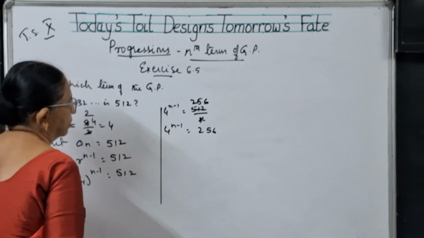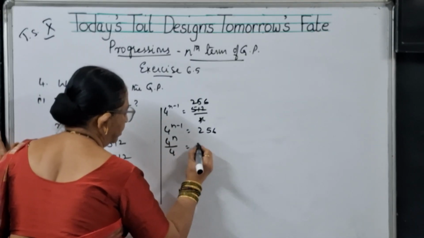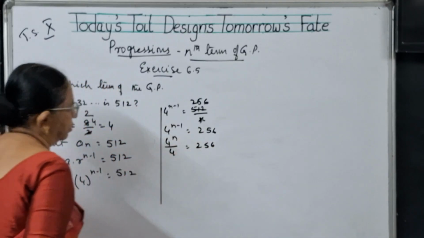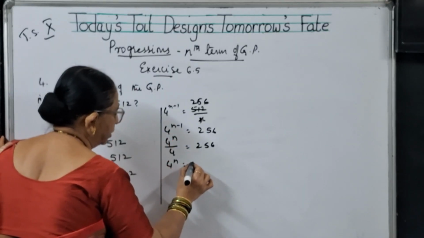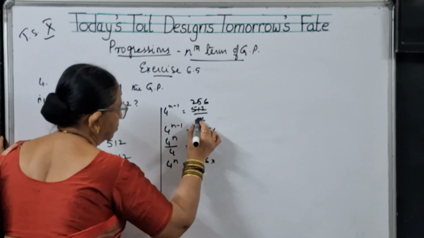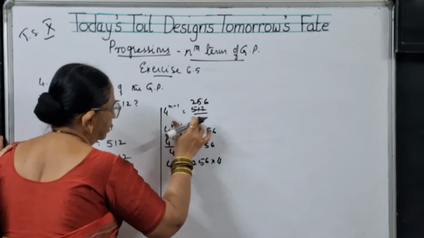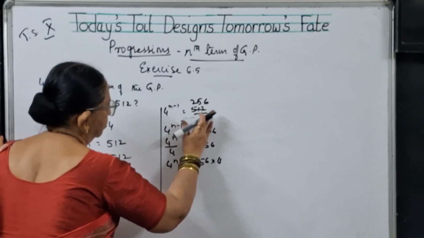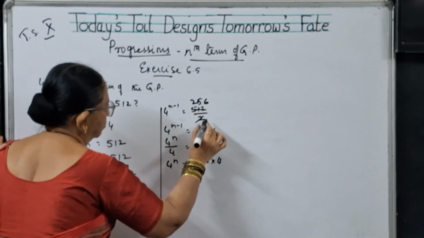That means 4 to the power of n by 4 is 256. Since it is n minus 1, what is 4 to the power of n? 256 into 4.